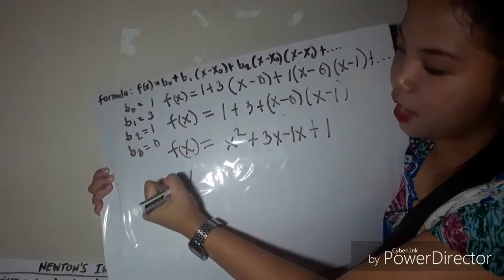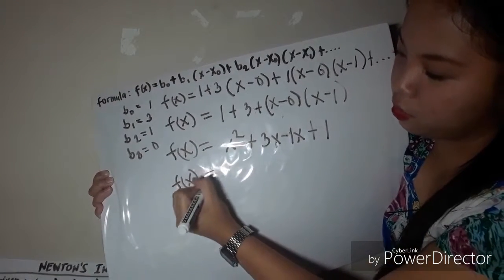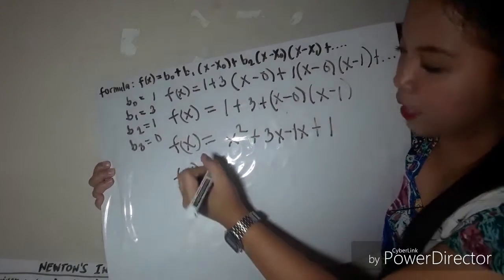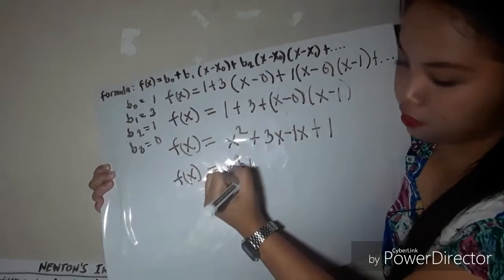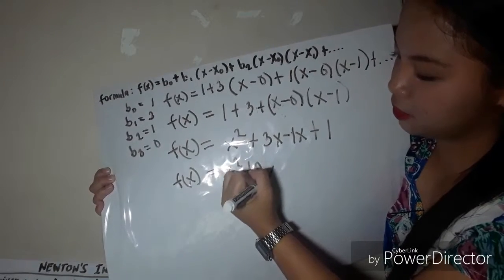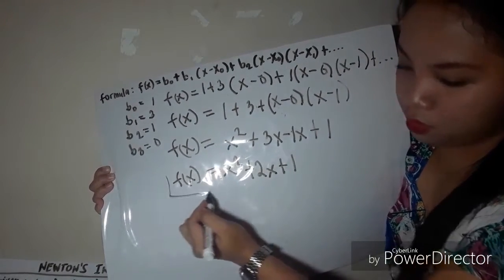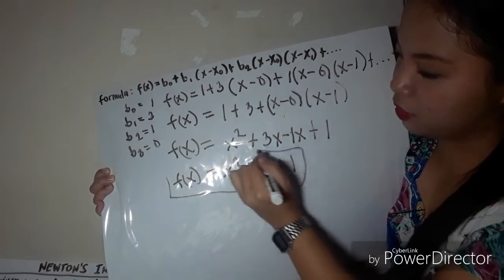So f of x is equal to x squared plus 2x plus 1. So this is our answer.